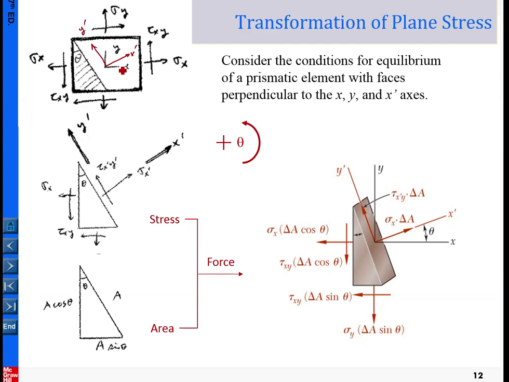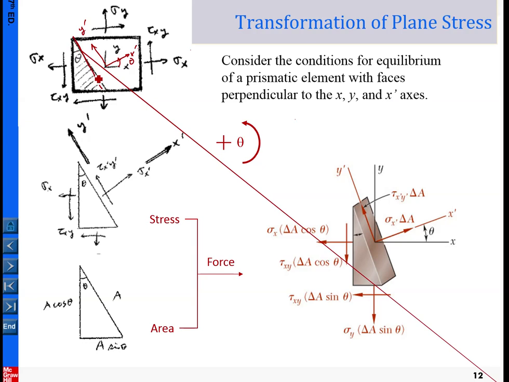For example, I give you a number theta, say 30 degrees counterclockwise, and I ask you to determine the stress element in the x prime and y prime directions. In this case, you can simply pick from the original given stress element this orientation.